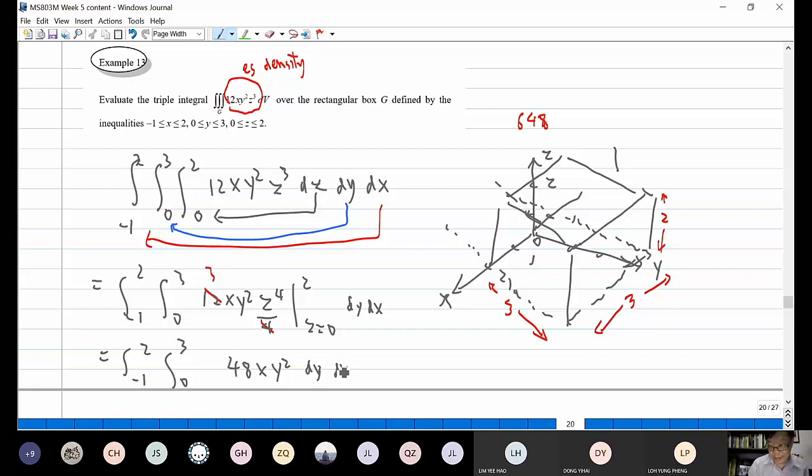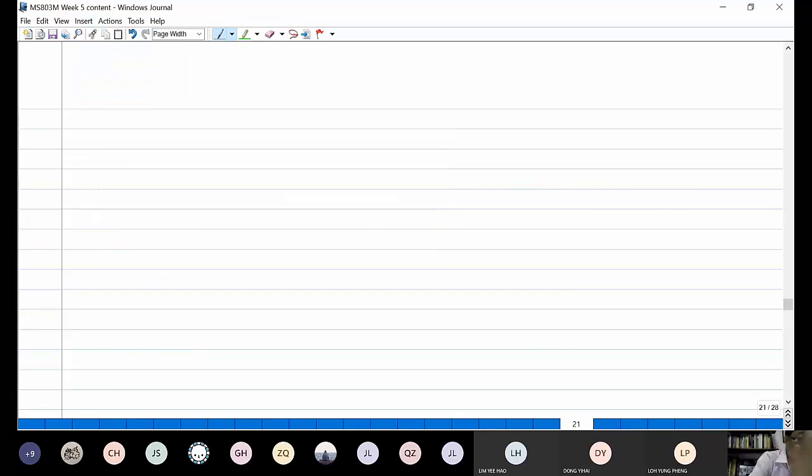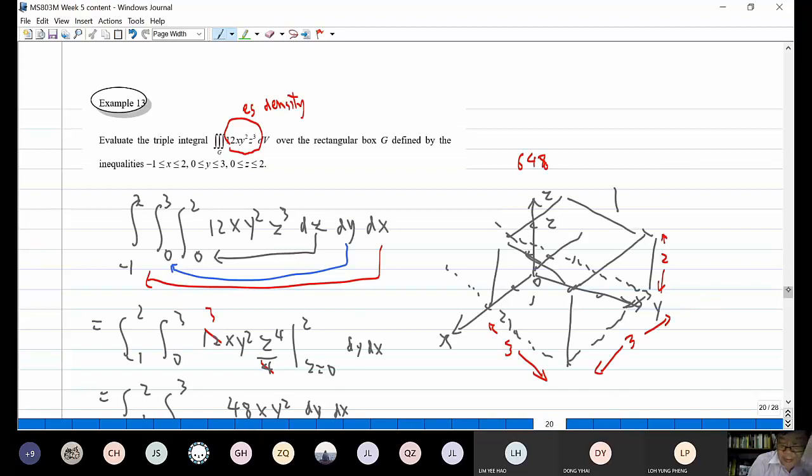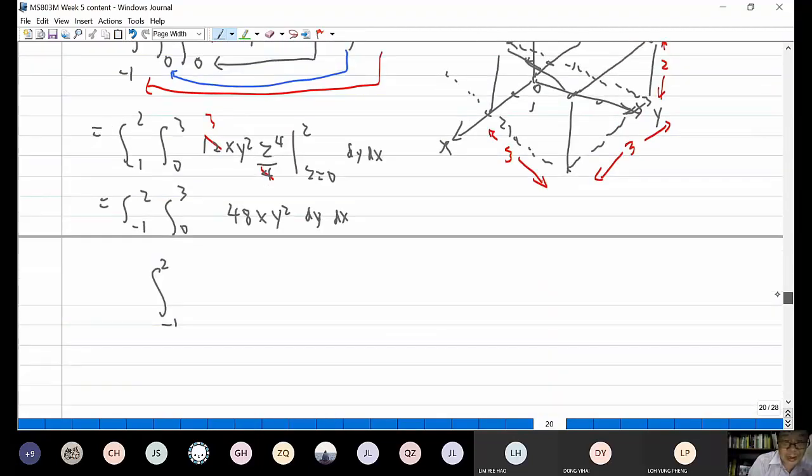Okay, then continue. Next page now. Integrate y first. So you're actually from -1 to 2. Okay, -1 to 2. Then 0 to 3, right?